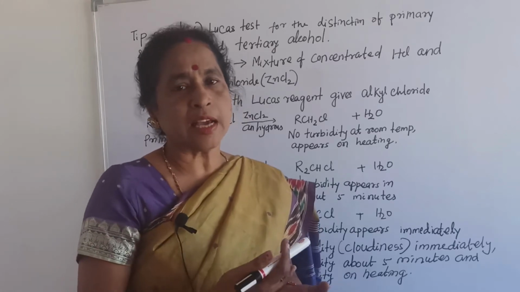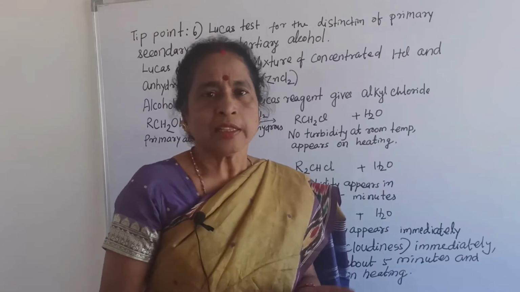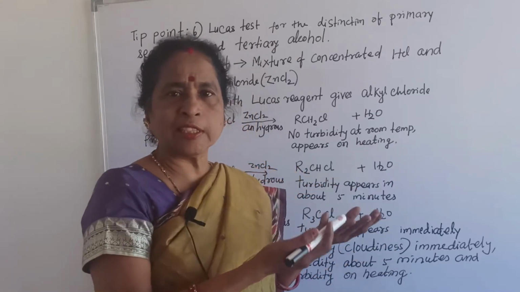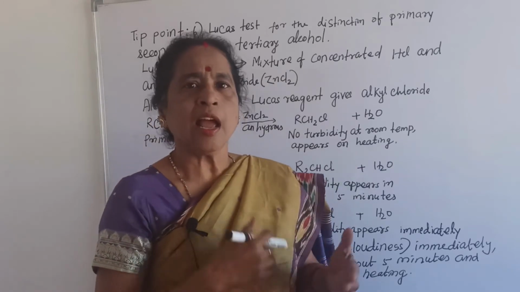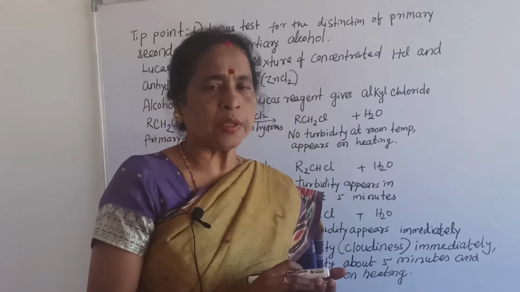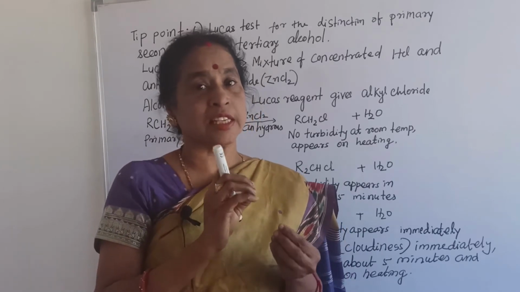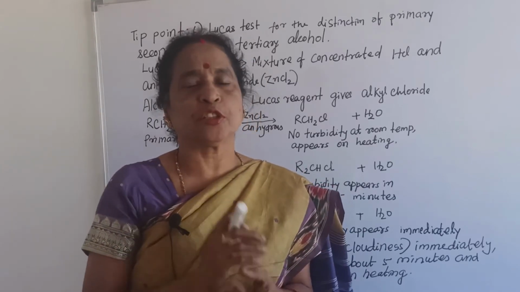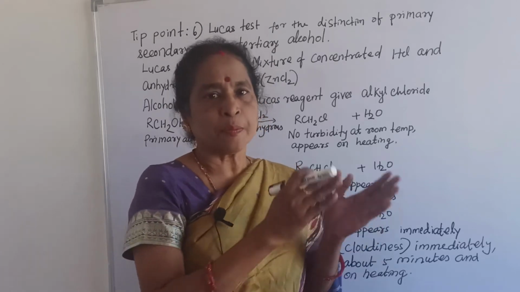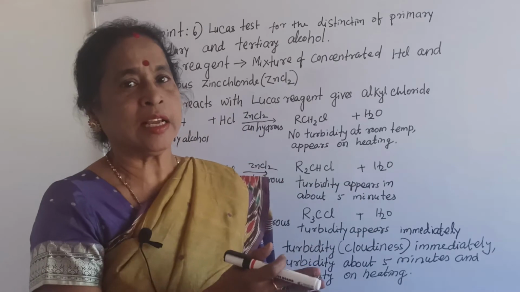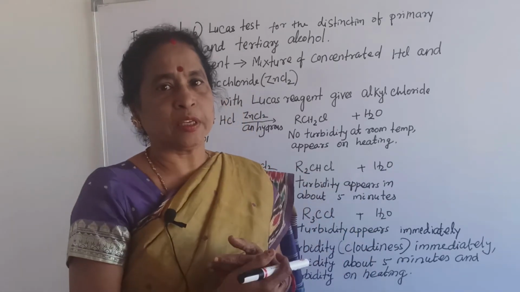Similarly, a tertiary alcohol gives a tertiary alkyl halide. Then what is the difference between these three halides? The alkyl halide which is produced shows turbidity, that is, cloudy nature. But one thing: when will the cloudiness appear for the primary alkyl halide?